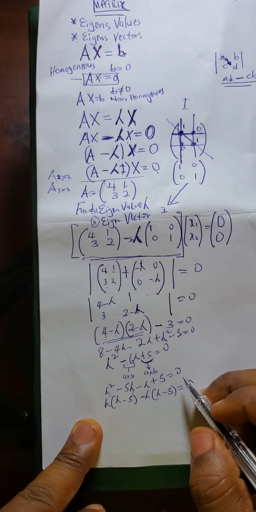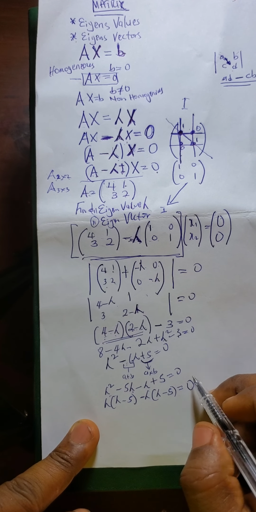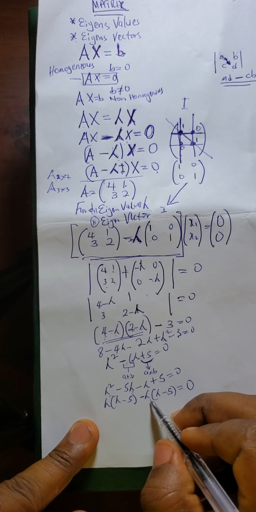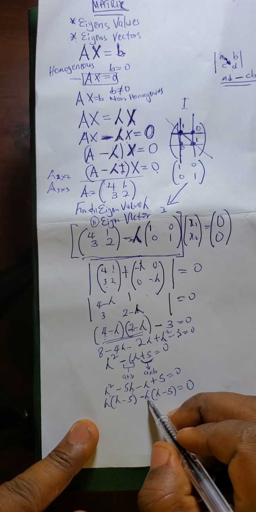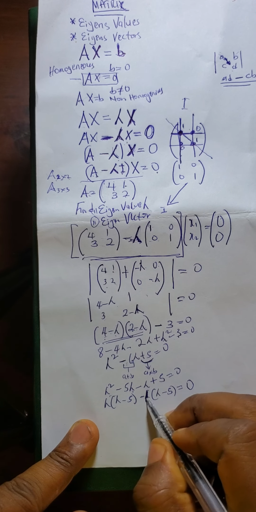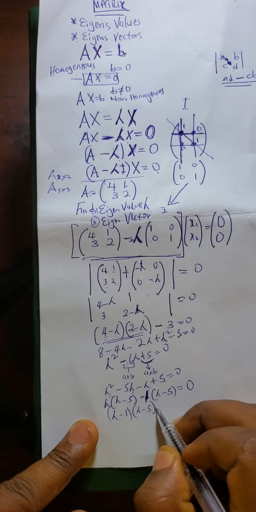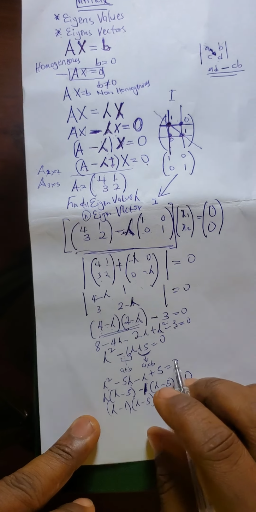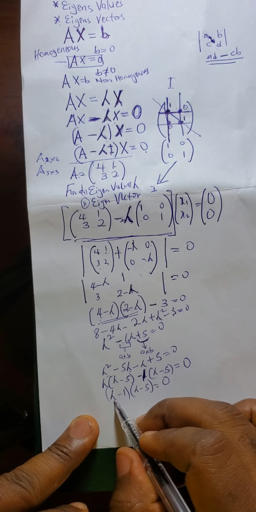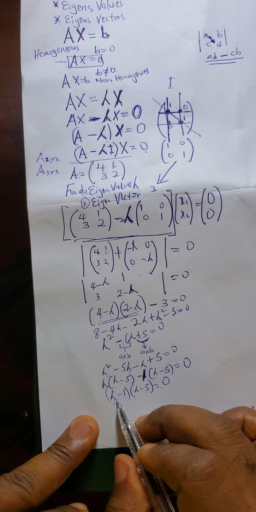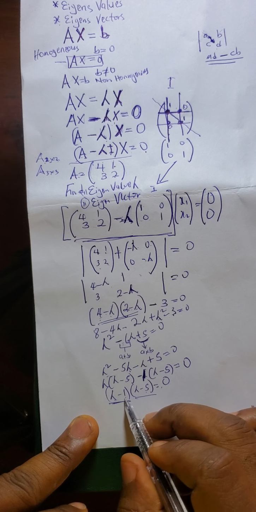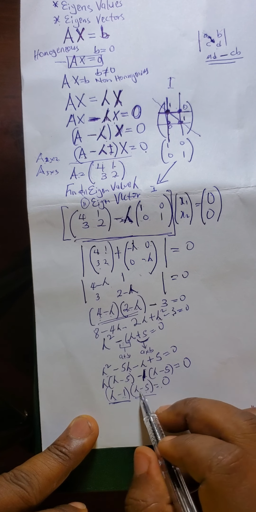So in a nutshell, we are going to have, this one was supposed to be 1, lambda minus 1 times lambda minus 5 is equal to 0. When each of these factors is equal to 0, the product of these factors will be 0.